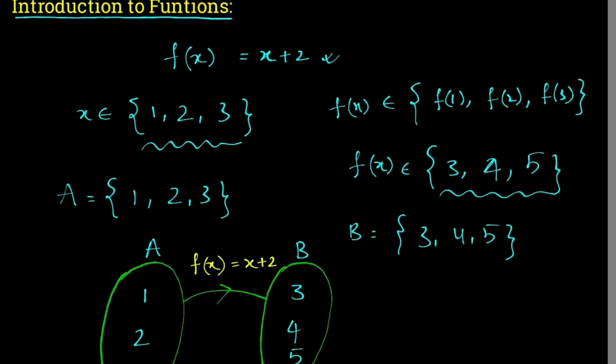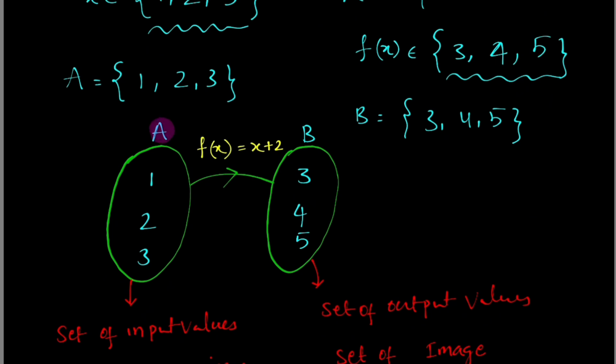Here I'm saying set A is the set of input values and set B is the set of output values. These two sets are related, connected with the relation f of x equal to x plus 2.